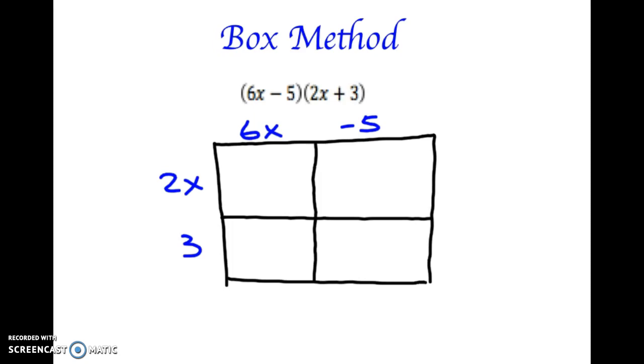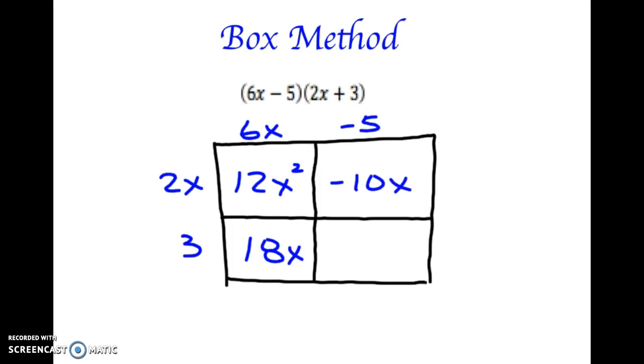So in the top left box, we're going to do the 6x times the 2x, and we should get the 12x squared. The top right box is going to be the negative 5 times the 2x, which will give us negative 10x. Bottom left box will be the 6x times the 3, or 18x.